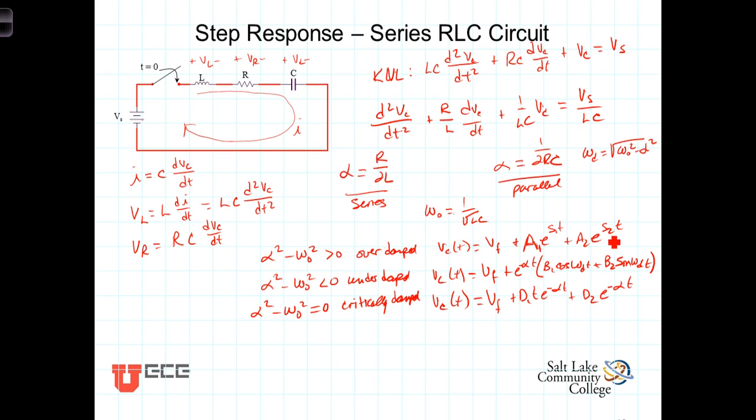Thus, S1, S2, omega sub d, or alpha will all be determined by the values of R, L, and C. The coefficients A1 and A2, or B1 and B2, or D1 and D2 are again determined from the initial conditions of the circuit. And this constant, the particular solution, is once again the final value of whatever quantity you're solving for.